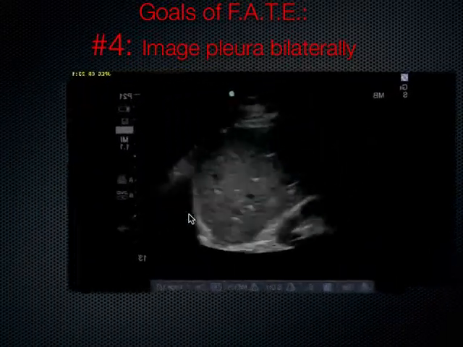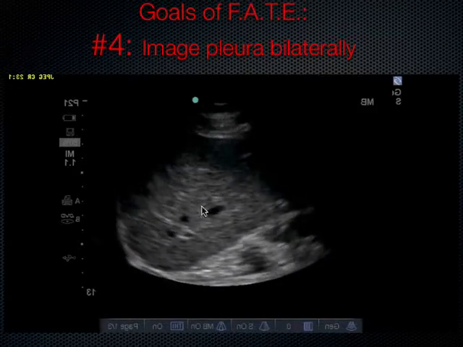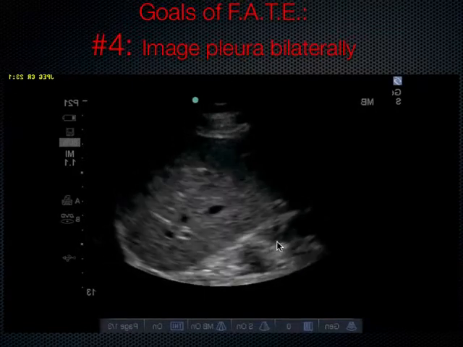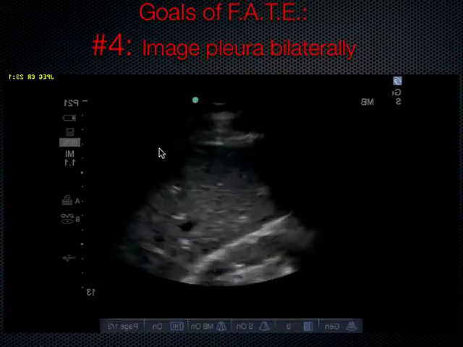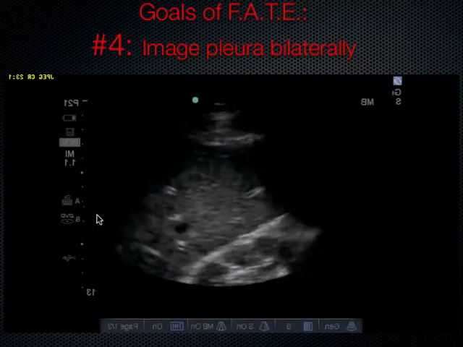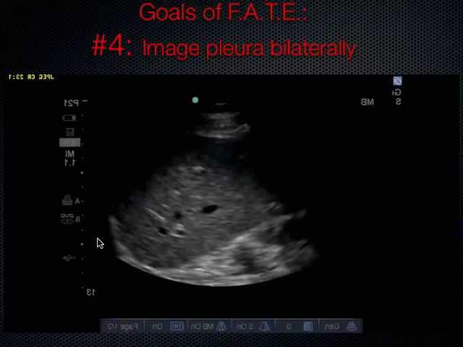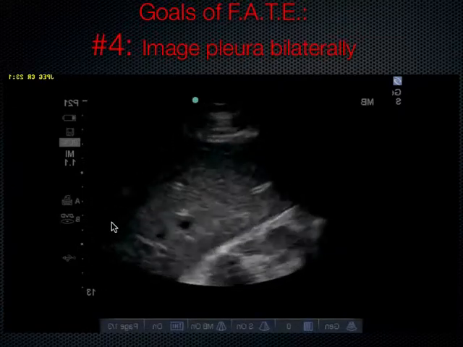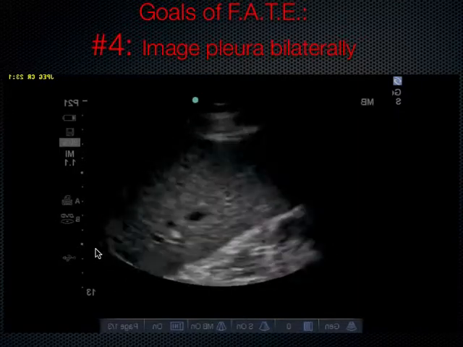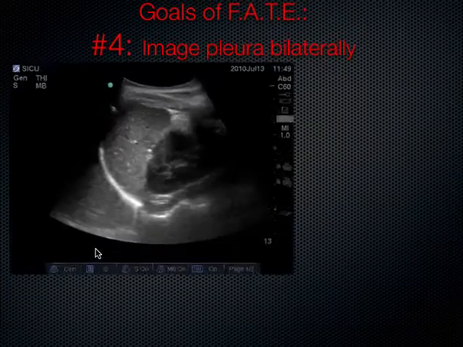Another example of that here is, this is the liver here, and this is the kidney down here. Here's the diaphragm, and as the patient's breathing in and out, we can see above the diaphragm, instead of having the mirror image artifact, we just see black fluid superior to the diaphragm, and that tells us there's fluid up there in the chest.